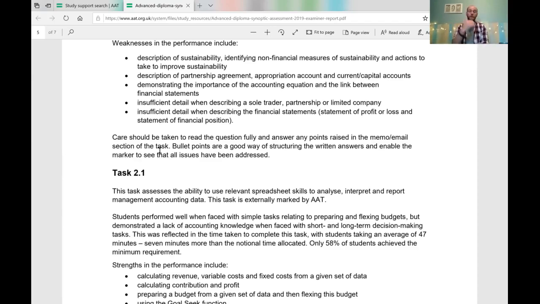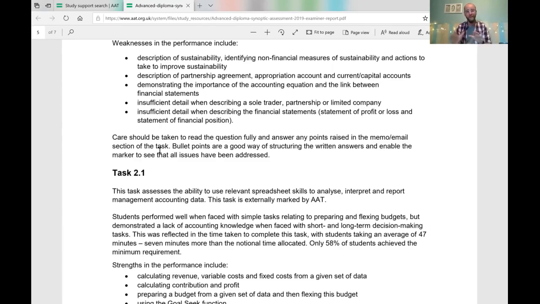As you know, a sole trader and a partnership, there are differences in the statement of financial position, and there are also differences between the statement of profit and loss and the statement of financial position from a limited company perspective as well than there is to sole traders and partnerships. So think about the types of financial reporting standards, the international financial reporting standards, and the company's house requirements and things like that.